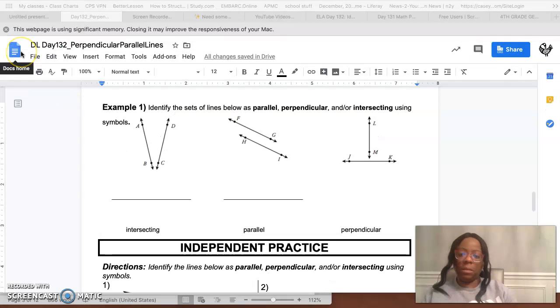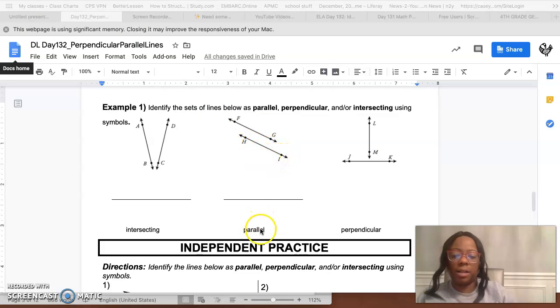Now, our first example uses lines AB and lines DC. These lines are actually lines, so they will go on forever. Eventually, they will be intersecting lines because they will meet each other at some point. The next example is line FG along with line HI.